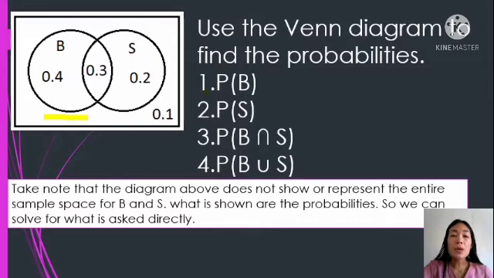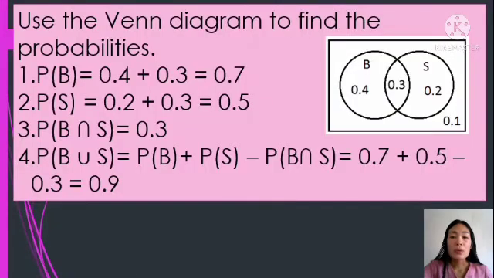So this is number 1, question number 1. Use the Venn diagram to find the probabilities. Okay, so this is the event of basketball. So we are going to write 0.4 plus 0.3. Just add those figures. This will become 0.7.